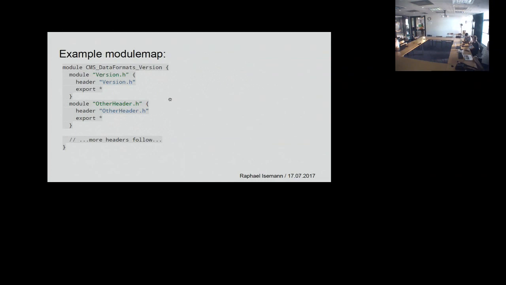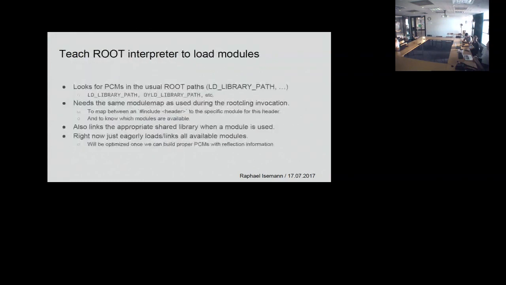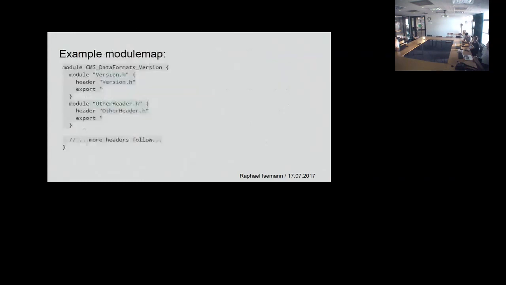Just list the headers in this format, which can usually be done by a script that generates this file. Or we can even simplify it in the future using umbrellas. Can we use umbrellas there? But you still need to write it. Yes, we can also use umbrellas, whatever works, if it's already split up in directories. There's a shortcut in module maps for specifying all headers in a certain directory, called an umbrella, which is just one line.